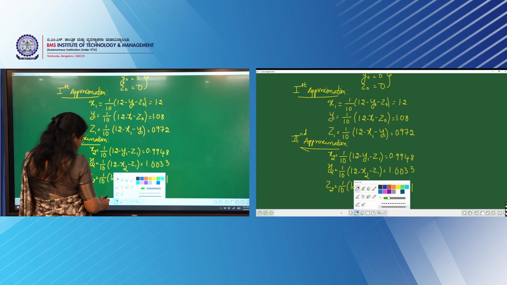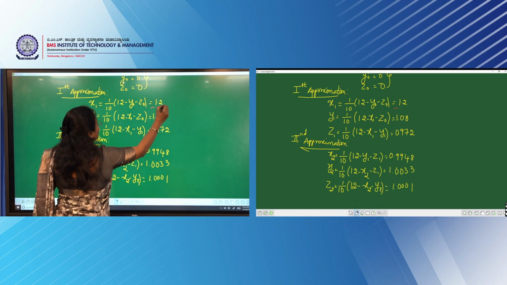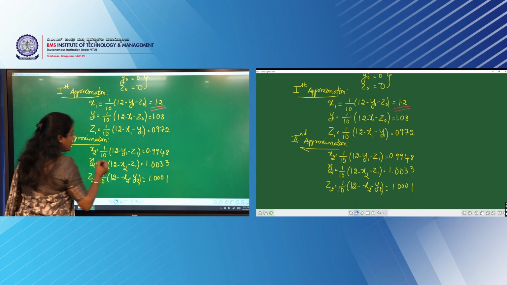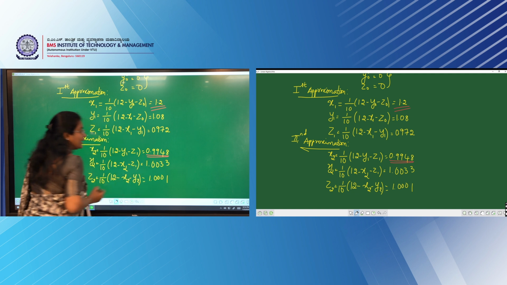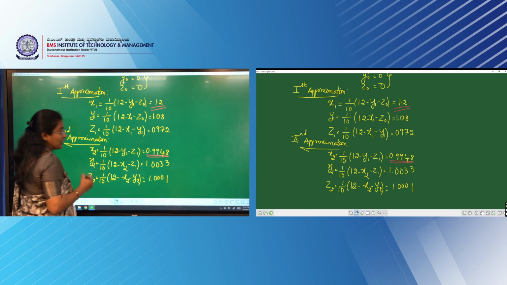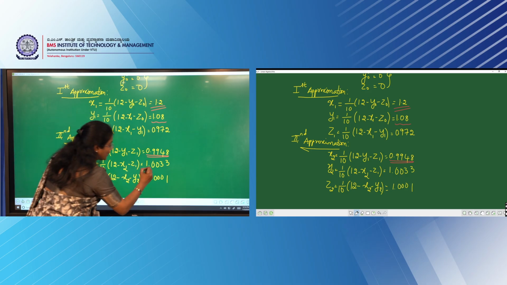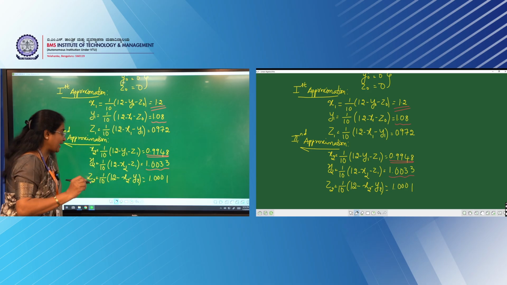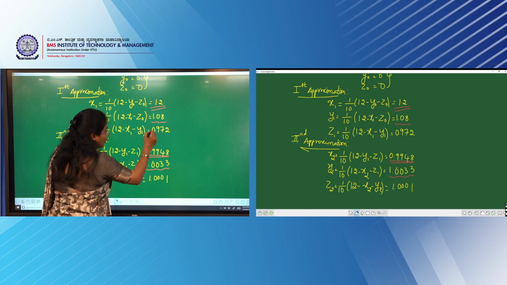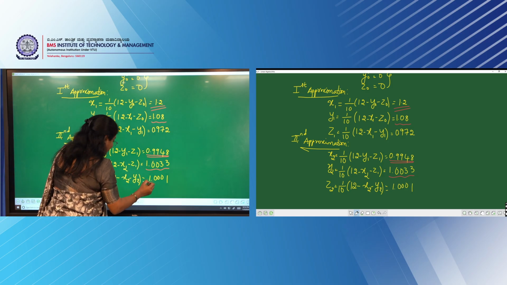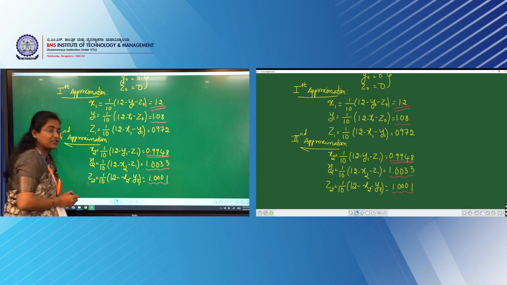Now you should check the values here. x1 you have 1.2, x2 you have 0.9948. So it's not the same. y1 is 1.08, y2 is 1.0033. Again it is not the same. z1 is 0.972, z2 is 1.0001.